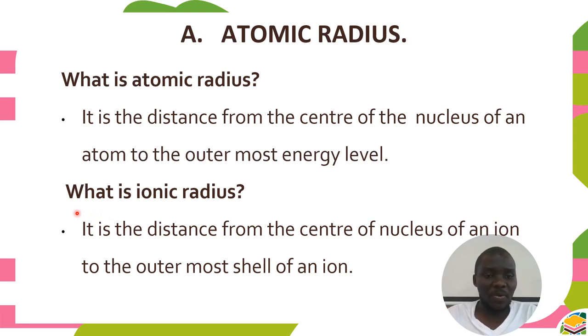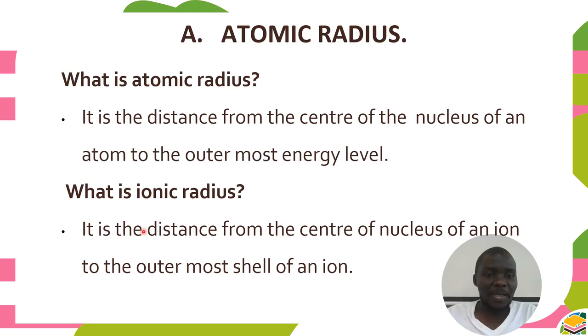For it to be stable, it can be either positively charged or negatively charged. So when an atom is charged, it is known as an ion. When it loses an electron, it becomes positively charged, and when it gains electrons, it becomes negatively charged. Such charged atoms are known as ions.